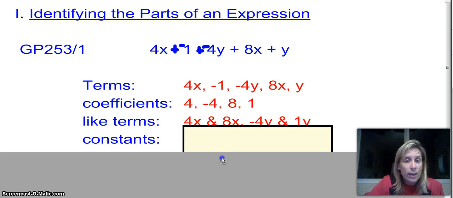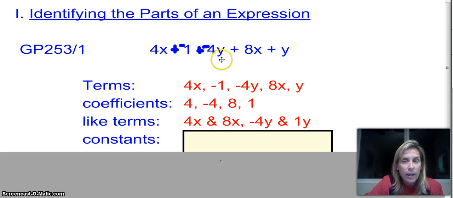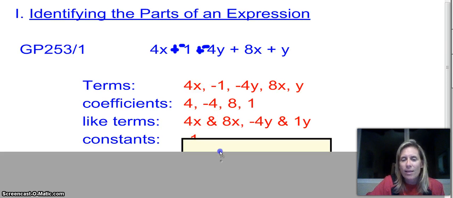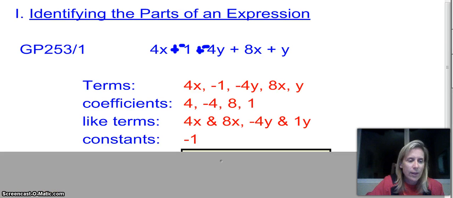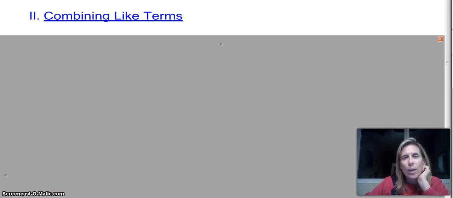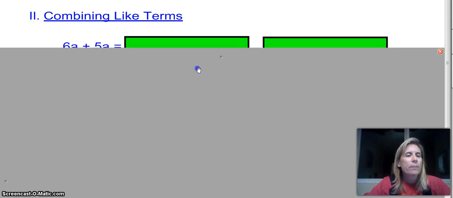And we also have -4y and a +1y. Good. And constants, there's only one constant, a number that will always be itself, and that is -1. Very good. Okay, so we can now begin to combine like terms. Combining like terms.